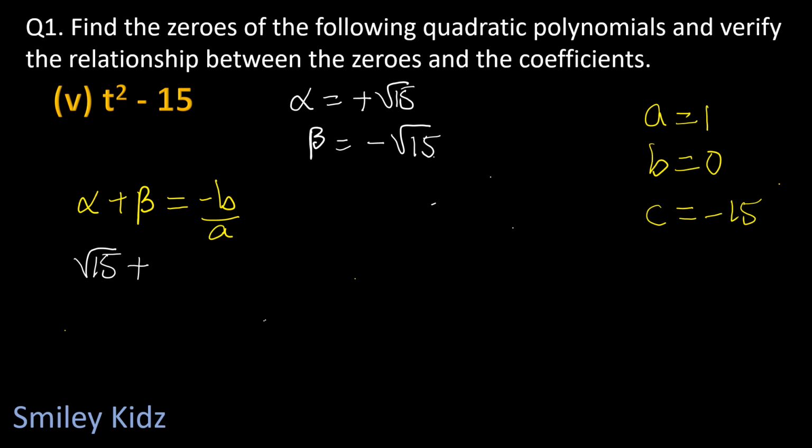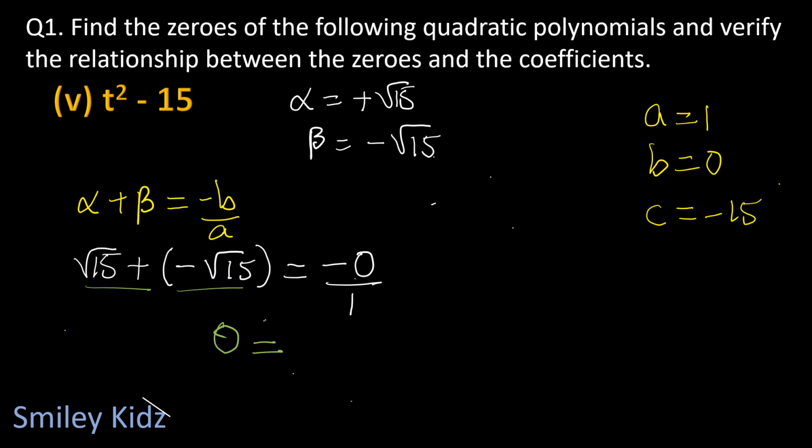Beta is minus root 15. So root 15 minus root 15, which is equal to what is minus b by a? Minus 0 by 1. Now when we solve this further, root 15 minus root 15 will give you 0 and then we have 0 by 1, which is again 0. So this is how we have verified the relationship between the sum of the zeros and its coefficients.